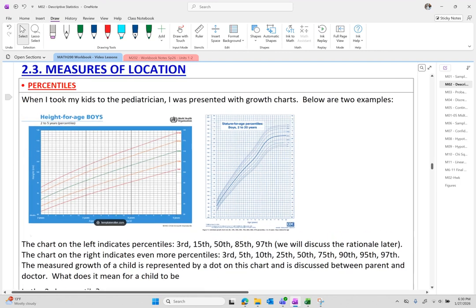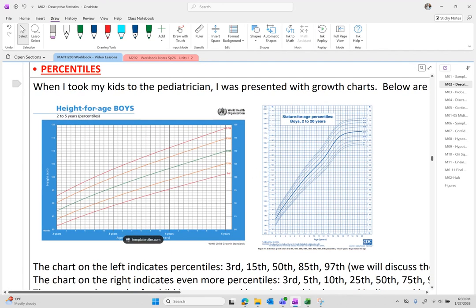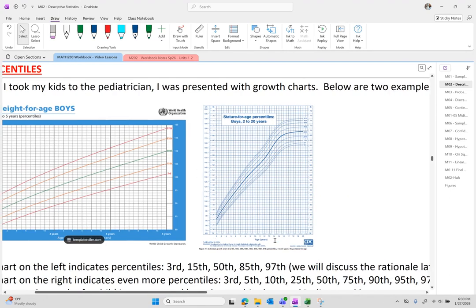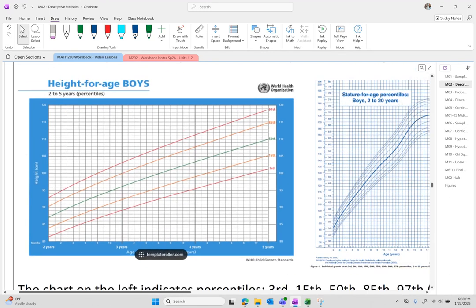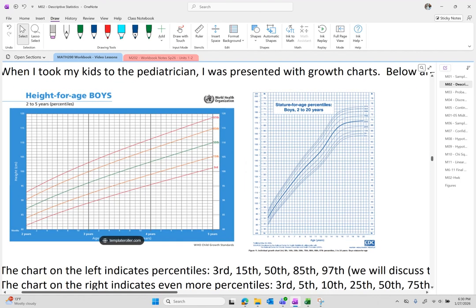When I took my kids to the pediatrician, I was presented with growth charts, and below are some examples of growth charts for the height of boys. The left one is age 2 to 5 years, and the right one is boys 2 to 20 years.